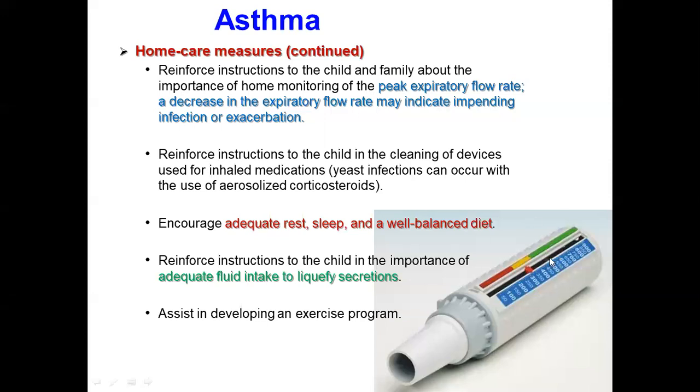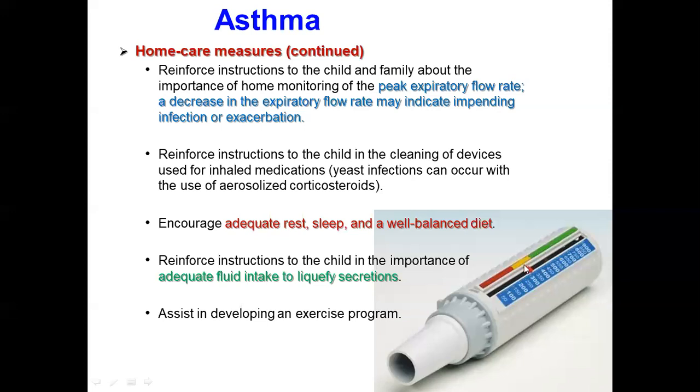If we see the peak expiratory flow rate in the yellow level, like this picture, the indicator is close to the yellow, it means 50 to 80% of personal lung capacity. Asthma is not stable, a chance to get worse or a chance to go better. It depends how you control it.